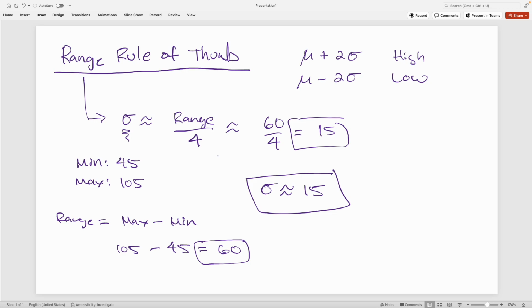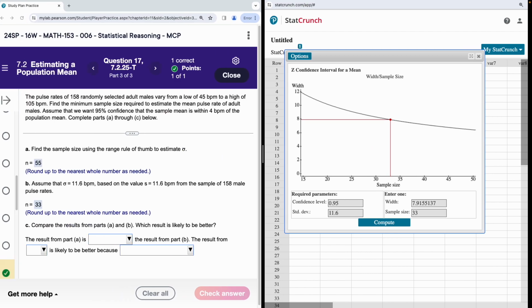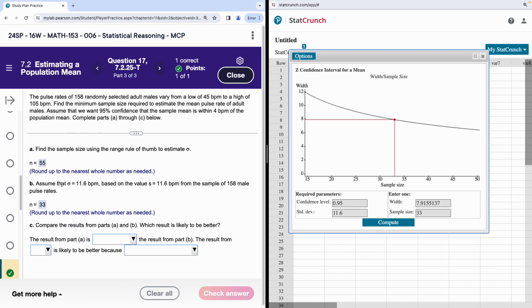It's good enough for some things. But if we can, we always want to use the sample standard deviation to make an approximation of a population parameter. So we're going to use part B because it is the better estimate of the standard deviation.